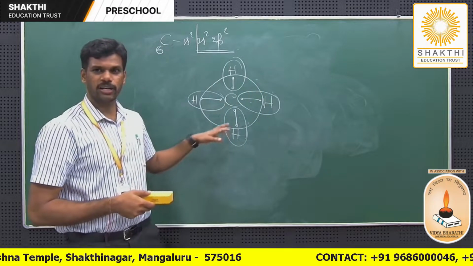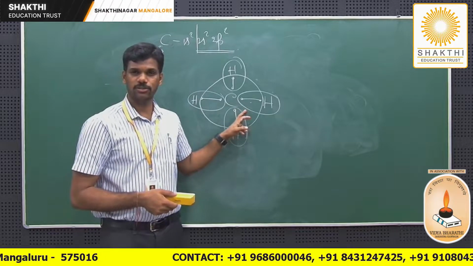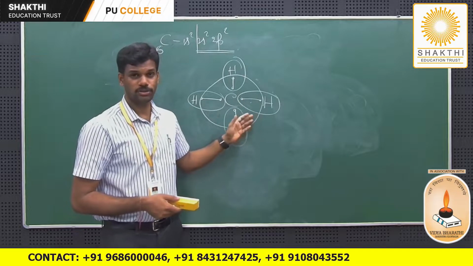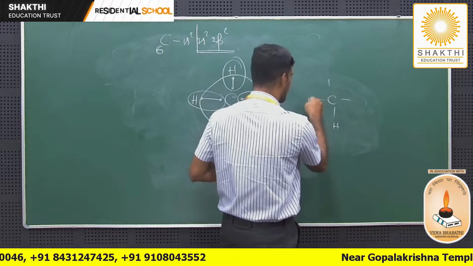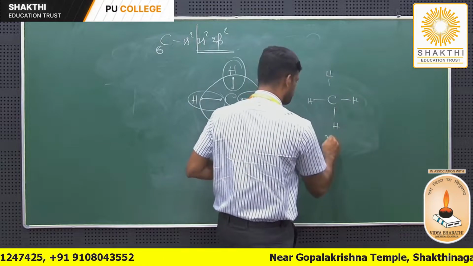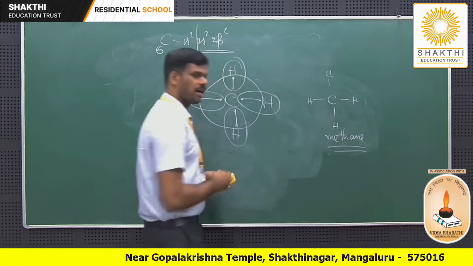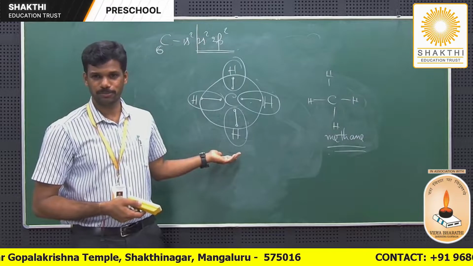So the configuration of carbon is very clear. Carbon is happy with the 8 electrons, the way it has produced single bonds called covalent bonds. This is nothing but carbon with 4 bonds. I say this is methane. This is how covalent bond formation is done in carbon compounds.